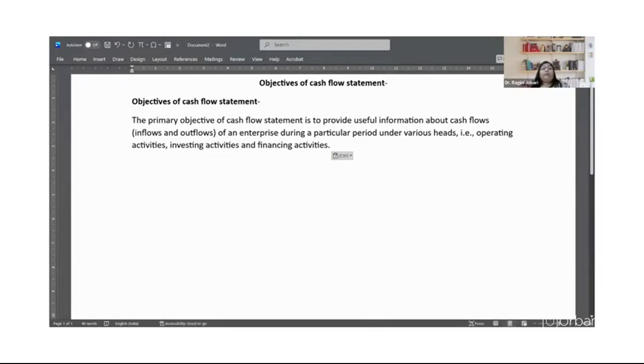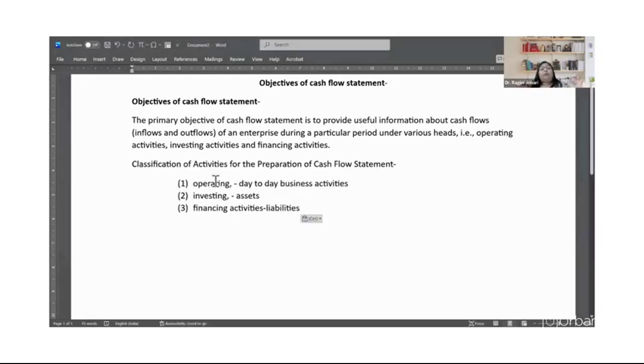Thus, on this basis, we can classify all the activities for the purpose of preparation of cash flow statement into three types or three categories. These three categories are the operating activities, where we record the cash flows or cash situation of the company on day-to-day business activities.